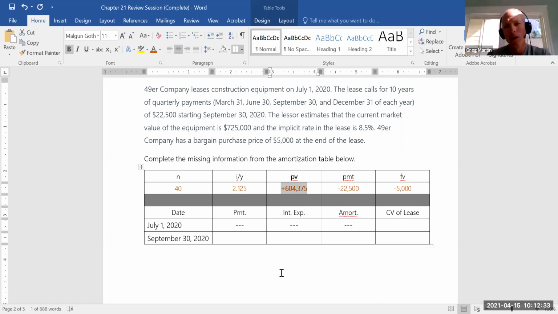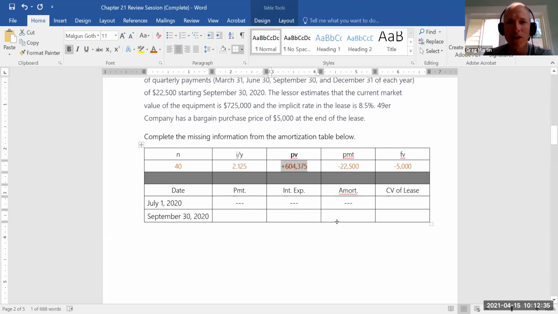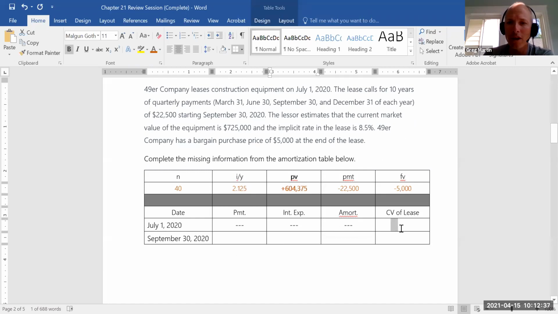Okay, so now is where your participation is going to be needed. What is the amount that we're going to put as the initial carrying value of the lease? What amount do we put in there? Good. Yeah, 604,375.